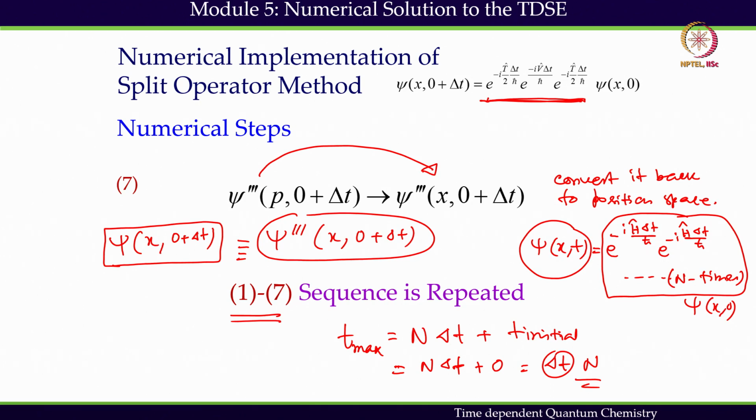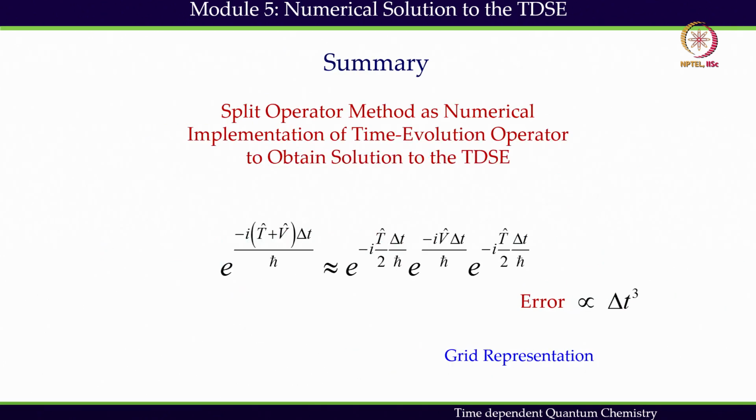We have come to the end of this module. In this module we have presented the numerical implementation, how numerically one can solve TDSE, and what approach one should use.